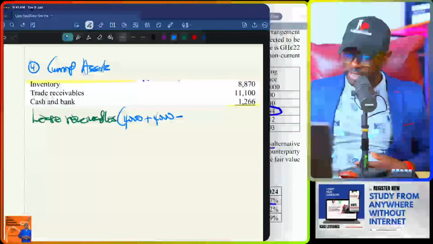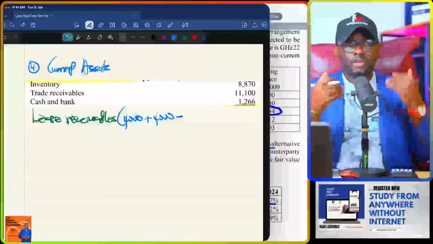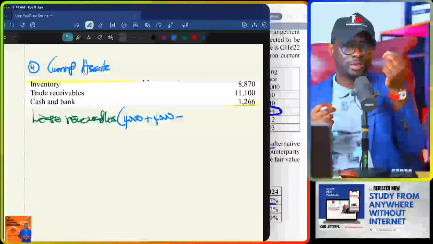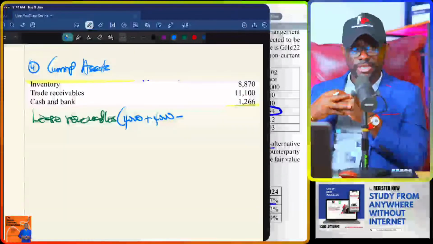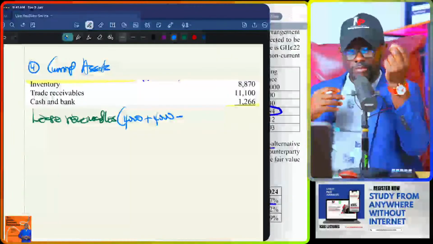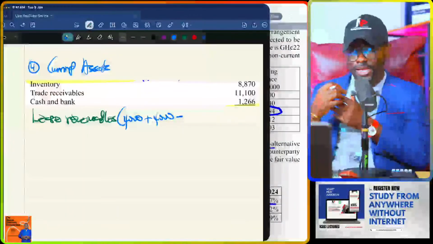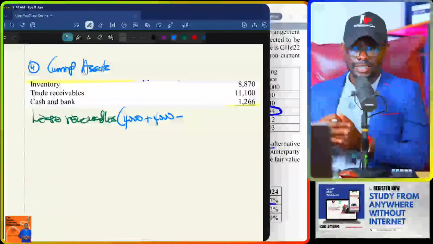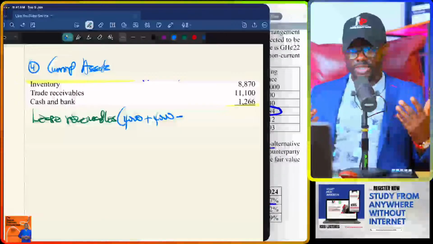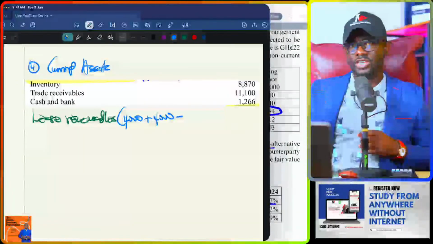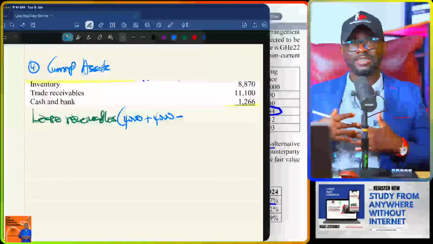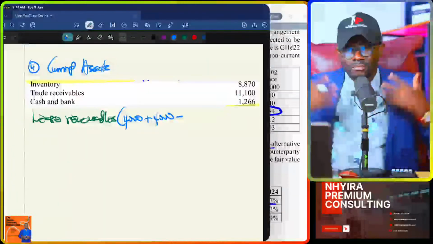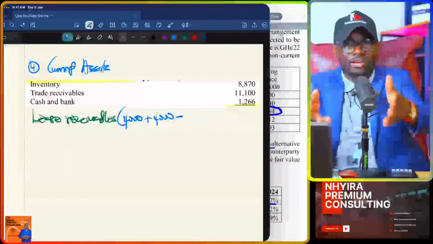Then we subtract the finance component, because every annual lease payment has two components: the capital element and the finance element. IFRS 16, and accounting in general, prohibits the recognition of future interest income. You've not received it yet, so you cannot recognize it.